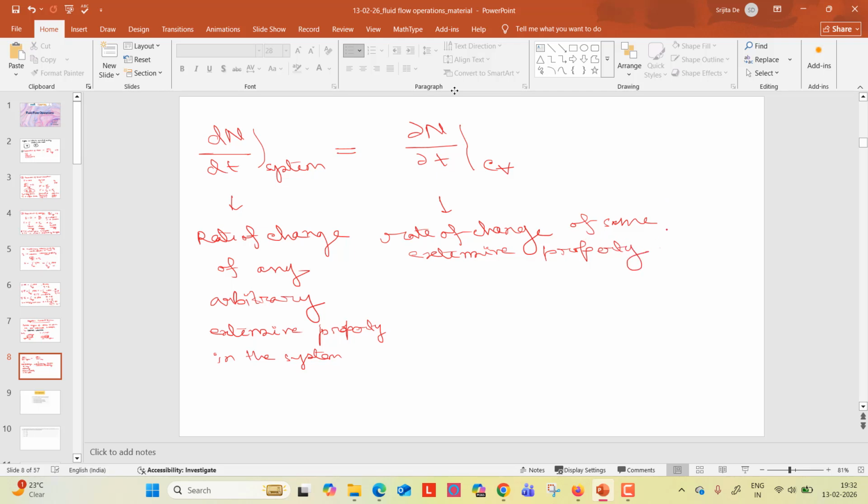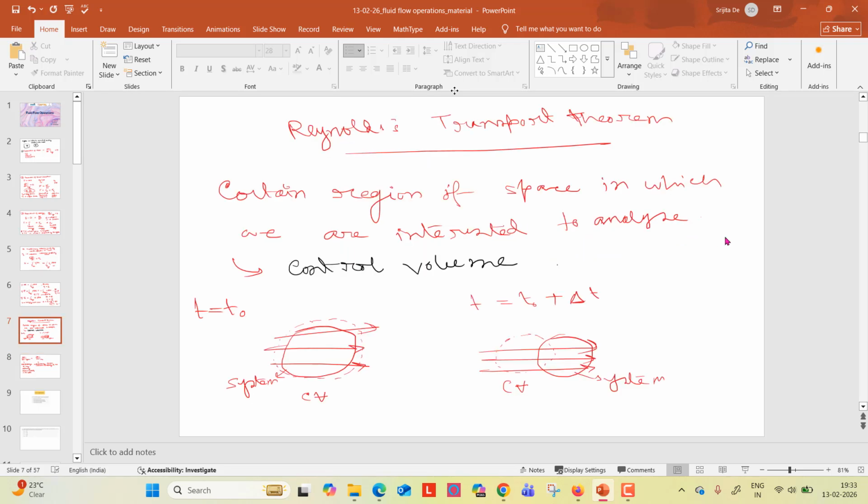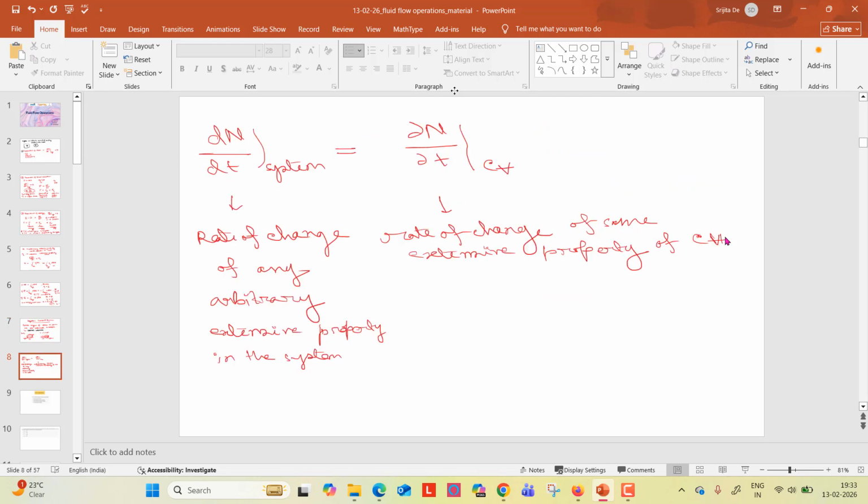of the control volume. Control volume means, as we have seen, the certain region of space in which we are interested to analyze, because we cannot analyze the whole system together. So we consider a small part of the system, a small cube or small sphere, and we integrate it to the whole system. That is our control volume.